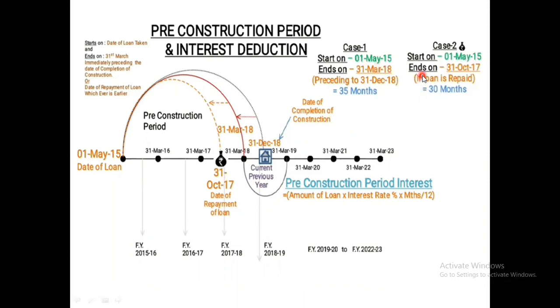However, the date for completion of the pre-construction period will not be 31st March 2018, but instead 31st October 2017, because the date of repayment of loan falls much earlier than the date of completion of construction. Therefore, our case 2 pre-construction period will be from 1st May 2015 and will end on 31st October 2017.